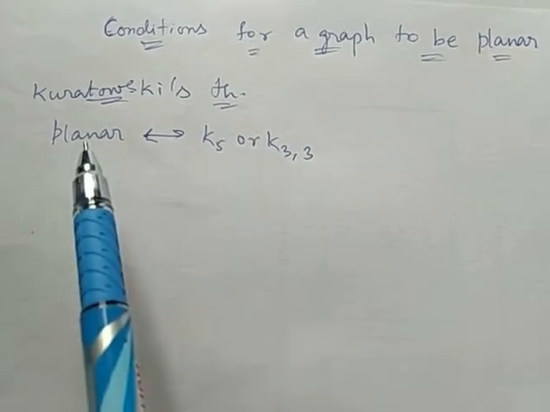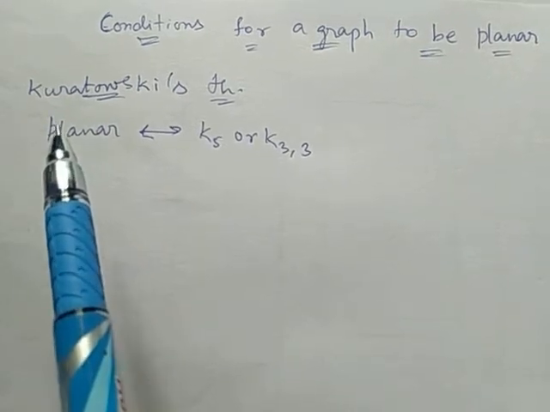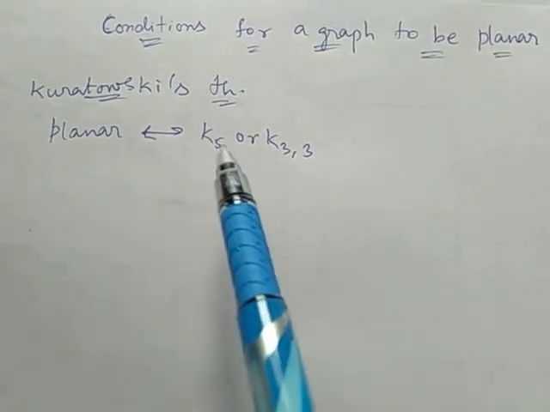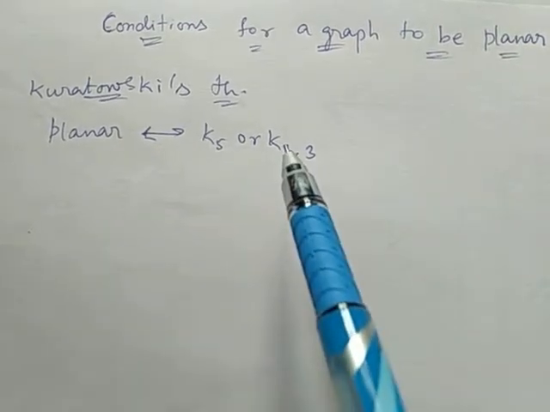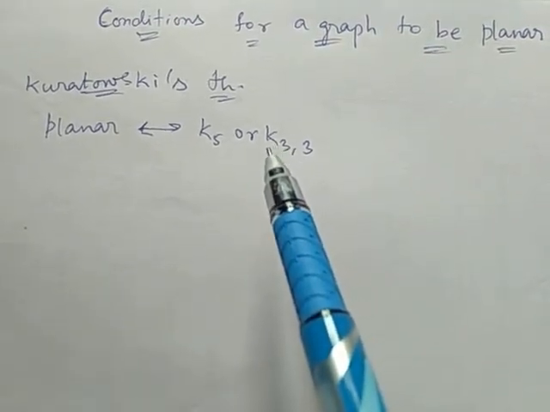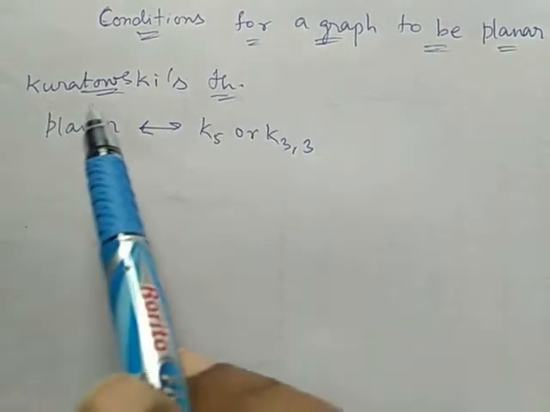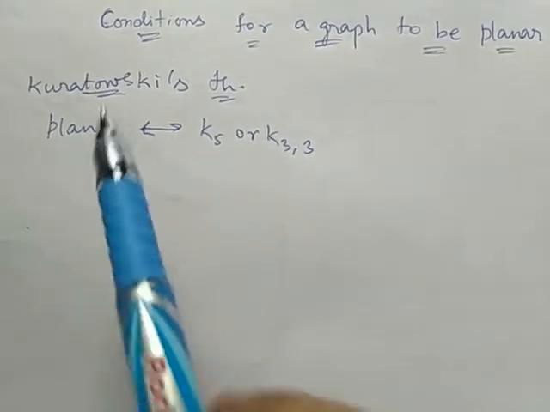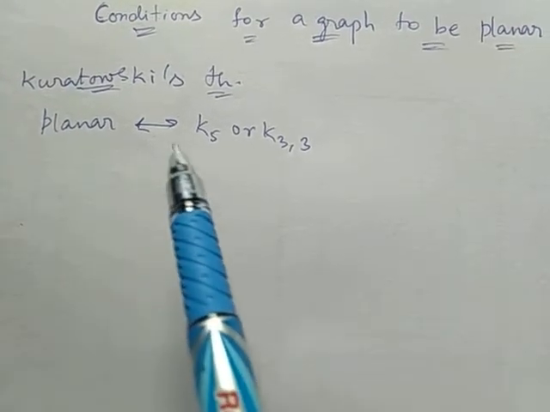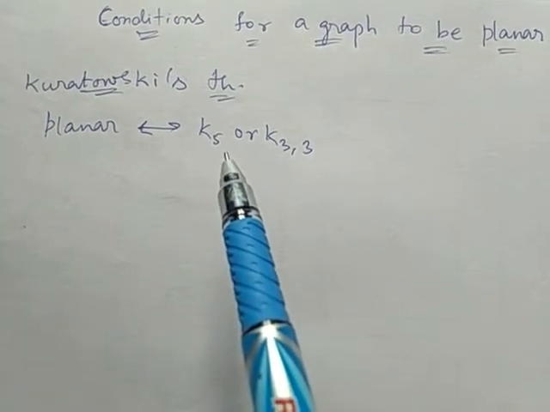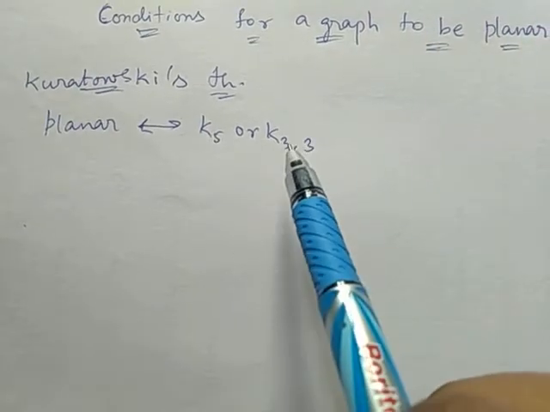If a graph G is planar, it should not contain K5 or K3,3 or subdivisions of them as a subgraph. The same theorem can be stated as: a graph is planar if and only if it has no subgraph homeomorphic to K5 or K3,3.